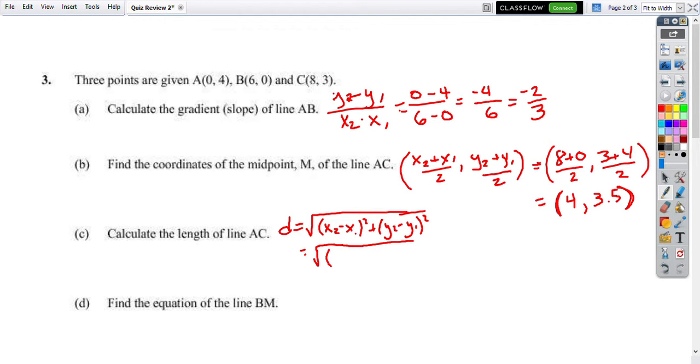So for AC, the second x is 8 minus the first x, which is 0 squared, plus C, y coordinate is 3 minus the second y, which is 4 squared, and we end up with the square root of 8 squared plus negative 1 squared. And so this ends up being the square root of 65. It doesn't say round to the nearest whatever, and the square root of 65, I believe it's 5 times 13, so it doesn't reduce.